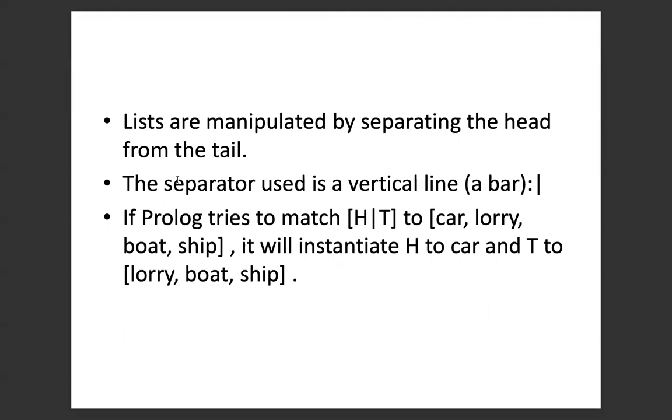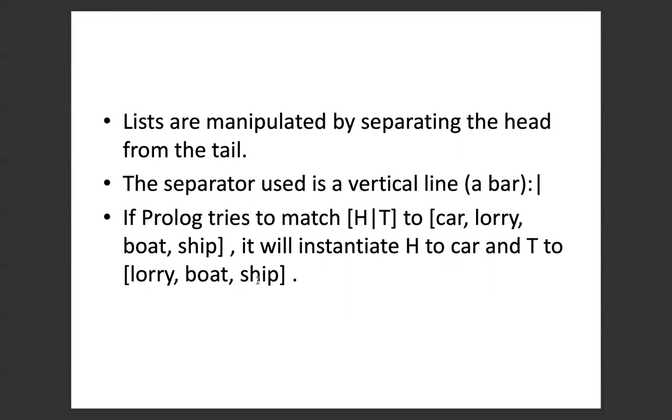It can be written in this way: I can treat a list such that the first part is the head and, after this separator, the rest is the tail. So for example, if I have this list, car, lorry, boat, ship, the head part, the H part, will have only car in it, and the tail part will have lorry, boat, and ship.